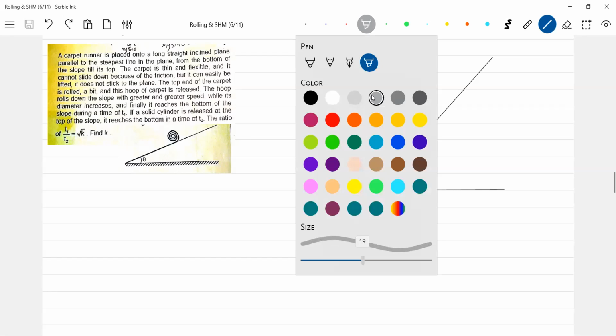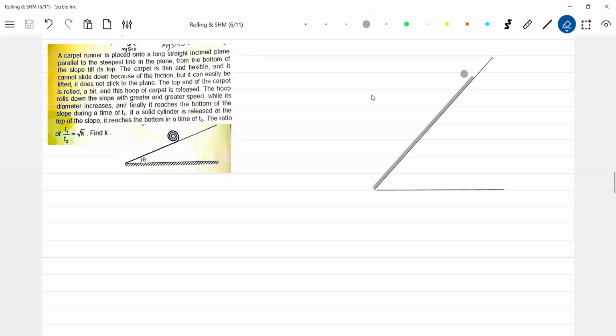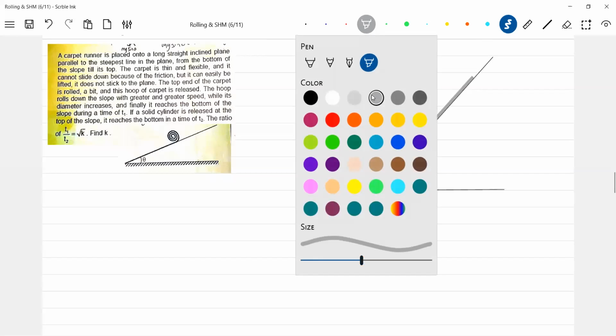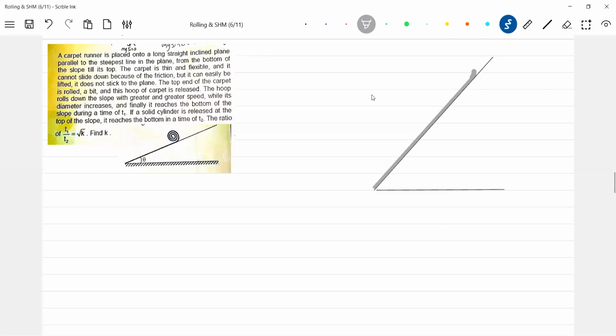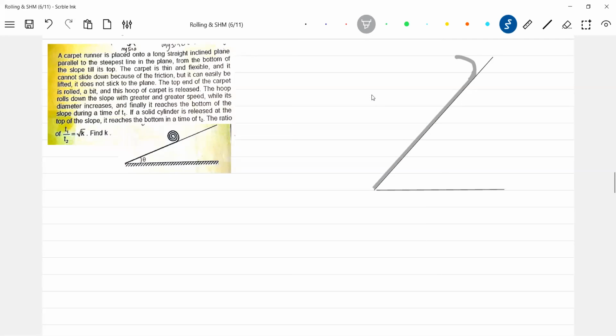Try to read the question. By the time, I'll set the diagram. Okay, I brought the diagram.